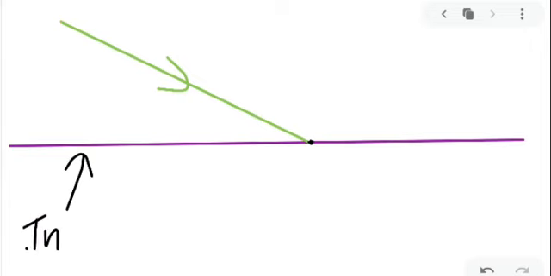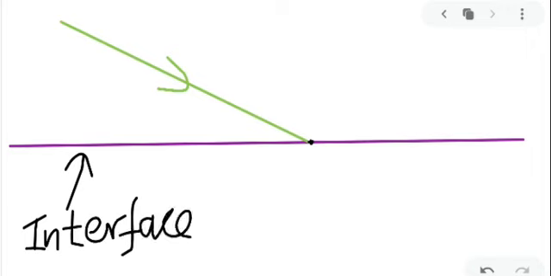So what is an interface? An interface is the boundary between two media. Let me call the medium on the top medium 1 and the medium on the lower side medium 2.